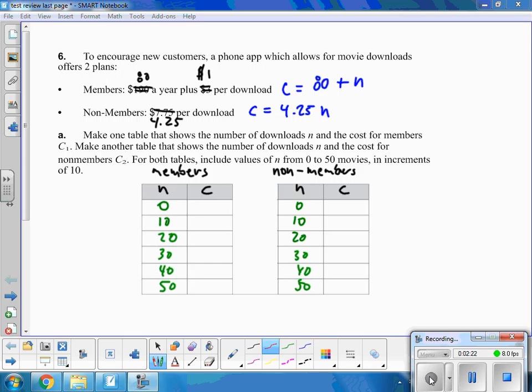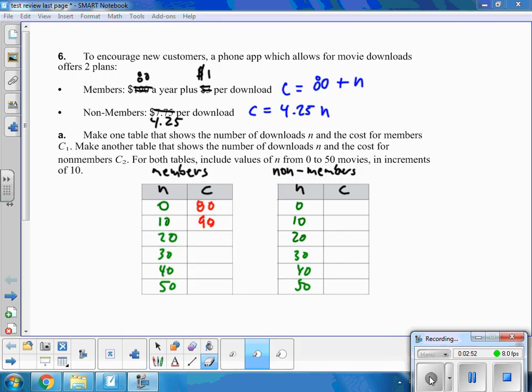For members, members pay $80. If they do not download any movies, it's going to be $80 because that's the fee they pay right at the beginning. For 10 movies, it is $1 per movie, so it's $10 plus the 80, so they're up to 90. For 20, it's the 80 plus the 20 that's happening, so that's $100 right here.